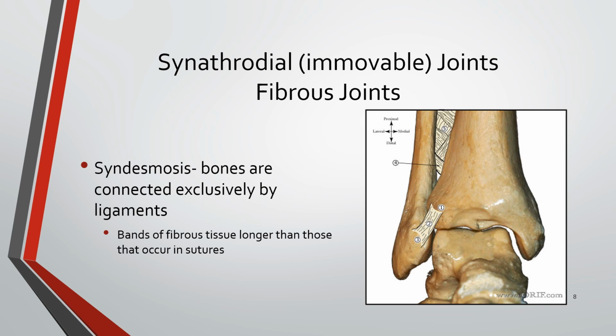Okay, so back to the syndesmosis joint. So again, it's like a fibrous tissue that connects these two bones together. So right here, what we're looking at is the fibula and tibia. So these are the two bones of your lower leg. And again, we'll talk in much more detail about these two bones in lab next week.